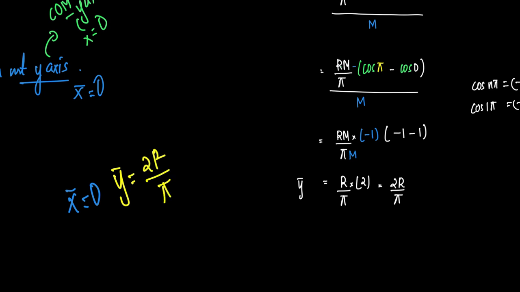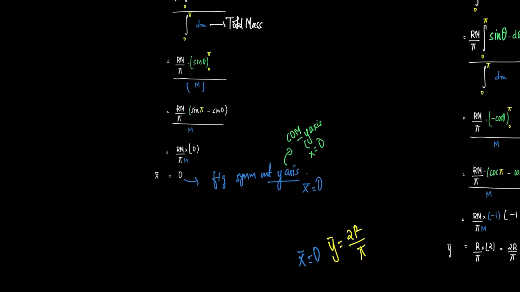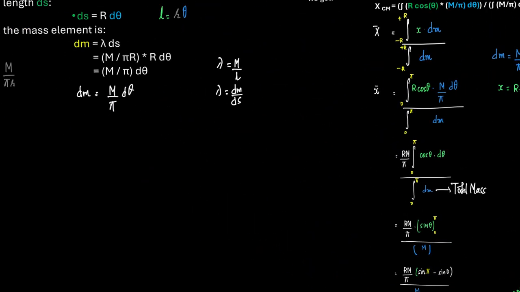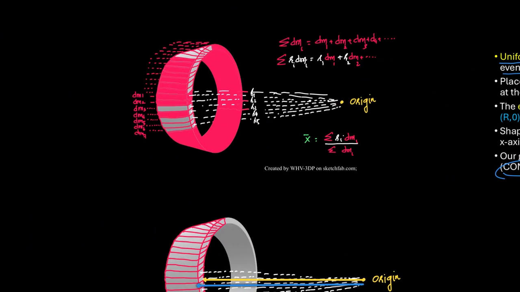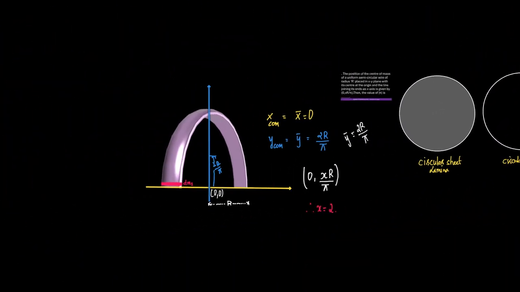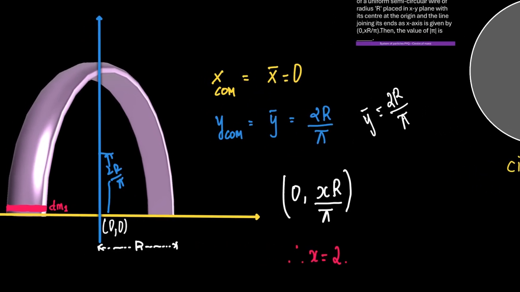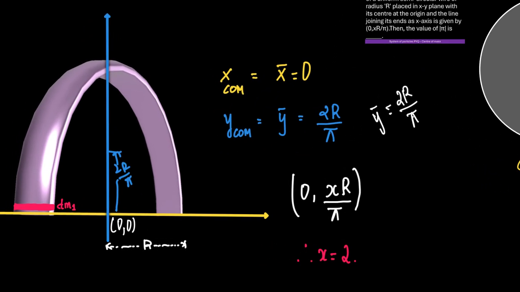So that is how we arrive at the formula for the center of mass of a semicircular ring: x bar is equal to 0 and y bar is equal to 2r by pi. I'm really sorry, the explanation was way longer for a very small derivation, but I just wanted to make sure that none of the steps are skipped and that you get complete conceptual clarity.